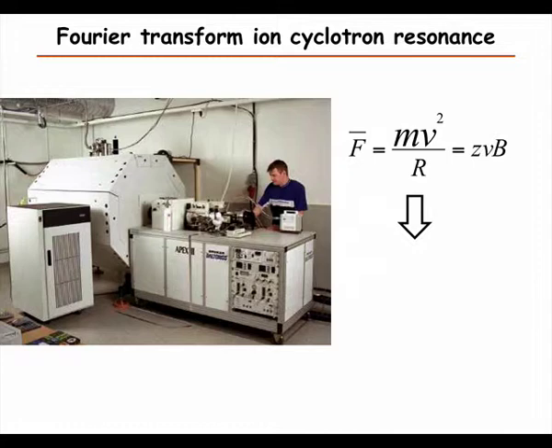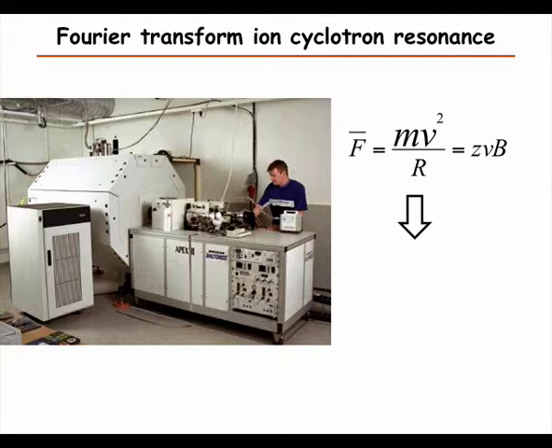So this just shows an example of one in Holland. There's a big magnet here, and it's quite complicated to operate this because you have to cool the magnet, and most of them are used for very specialized research, I would say.